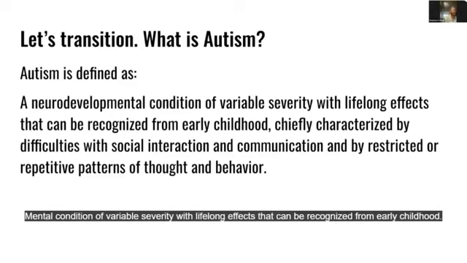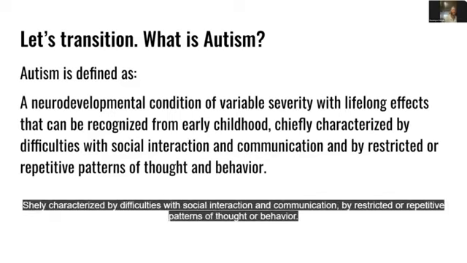Autism is defined as a neurodevelopmental condition of variable severity with lifelong effects that can be recognized from early childhood, chiefly characterized by difficulties with social interaction and communication, by restricted or repetitive patterns of thought or behavior. Next.